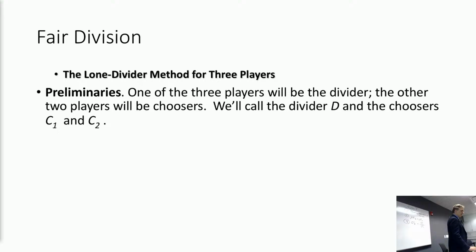I don't know if you remember this before break, but I mentioned this idea of one of you divides, the other one chooses, if you're dividing between 2 people. So if we had some stuff, you divide it into 2 piles, and then you pick whichever pile you want, and the other person gets the remaining pile.